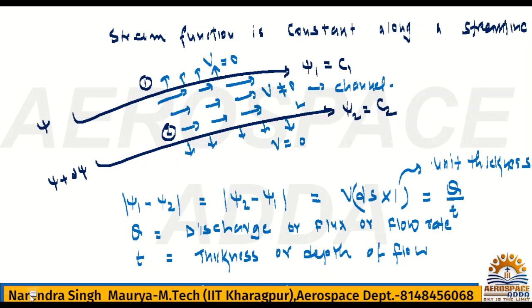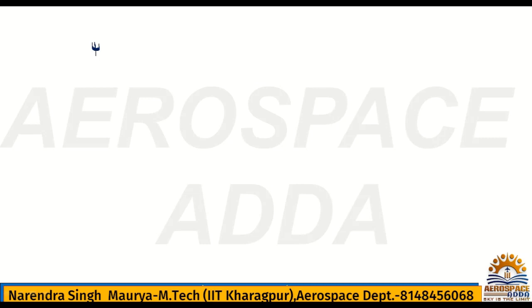Now it is very clear. What is the mean of psi2 minus psi1? If you are writing psi2 minus psi1, or you are writing psi1 minus psi2, meaning will be same. So that meaning is what? Q by t.